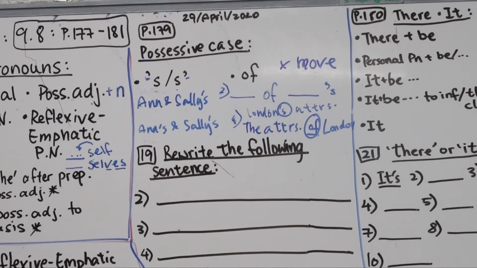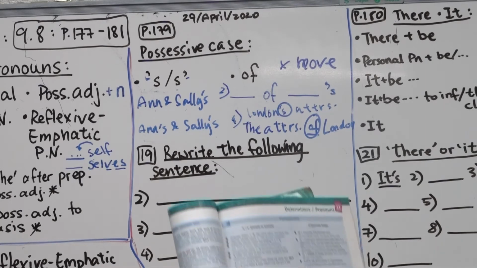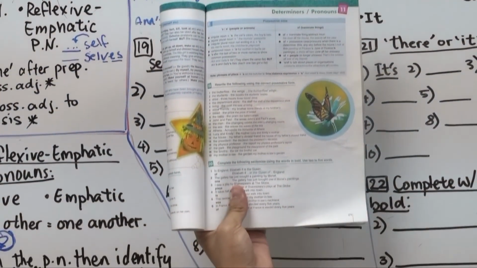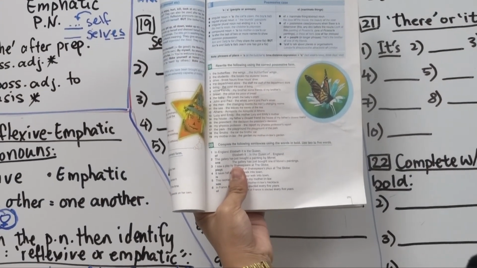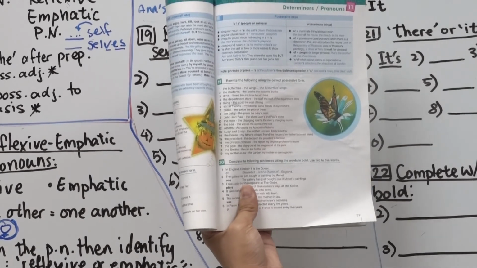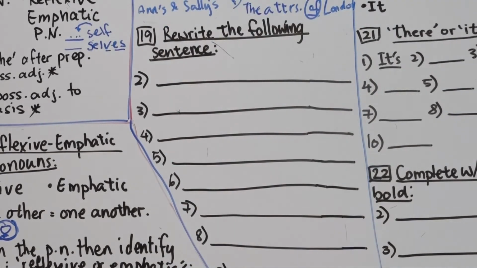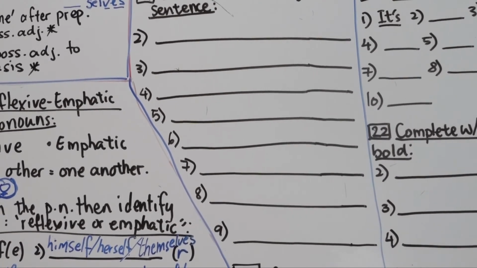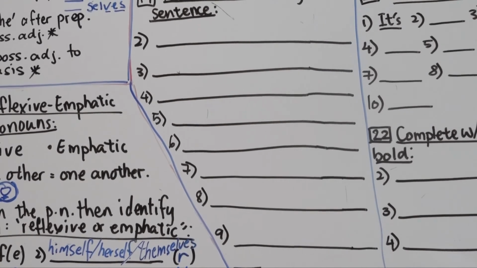Okay, so now let's go and rewrite the following sentences in part 19. Rewrite the following using the correct possessive form. So there are 2 kinds of possessive. Let's try to do that together, okay? Number 1 has been done as an example. Let's go with number 2, the students and the books. So what can we write?